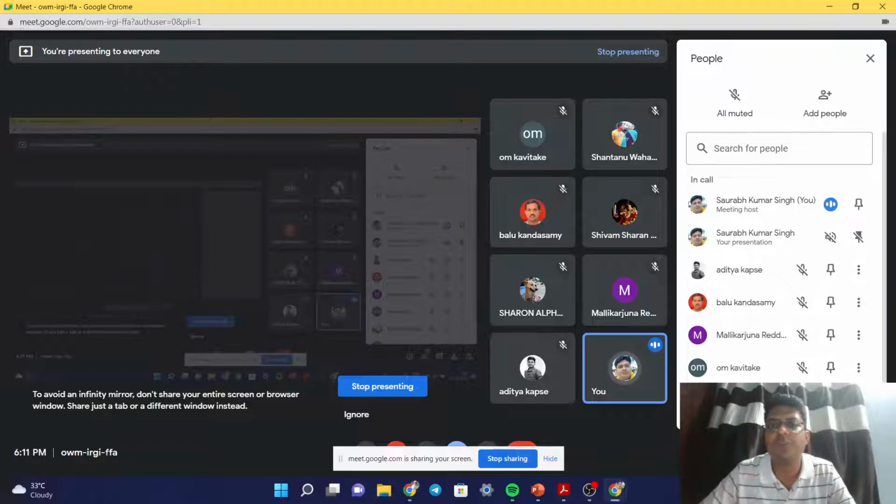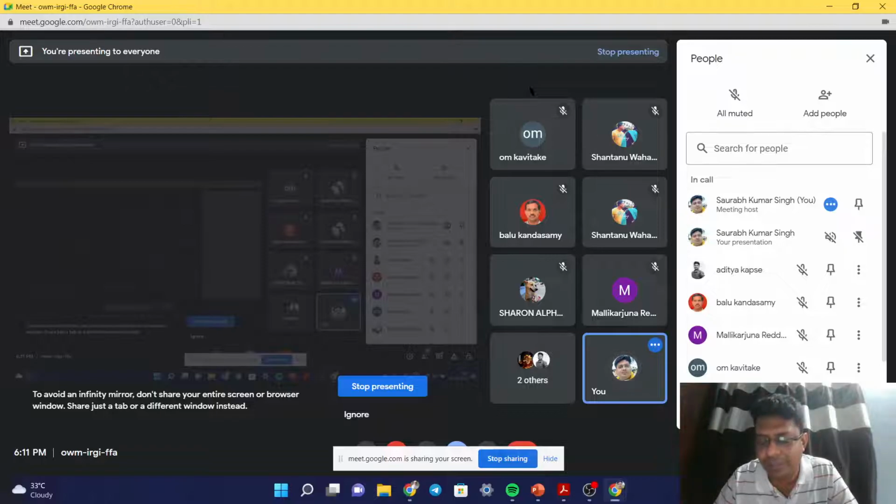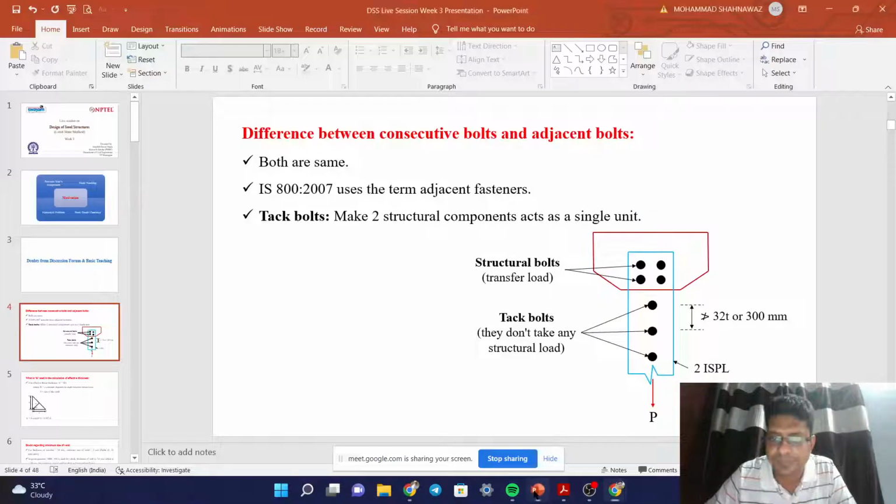Okay, so from the last live session which Mr. Anandrup has taken, you might have seen that for the case of tension, if you do not limit the pitch, meaning your pitch is closer, then what will happen? Let me draw the diagram.